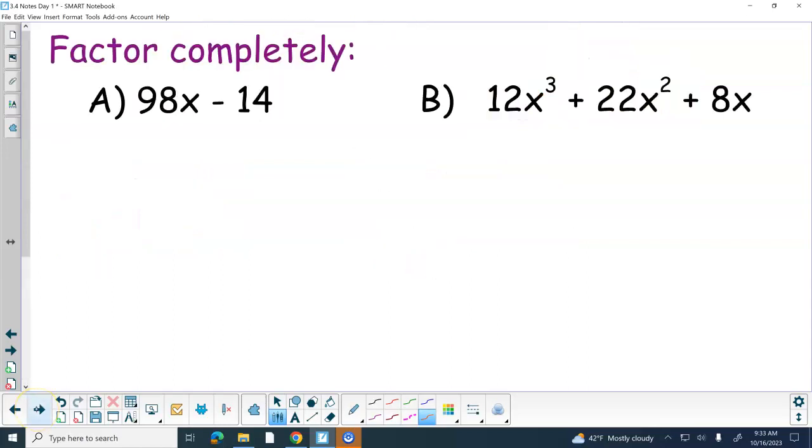When we say factor completely, that means that you have to factor until you cannot factor anymore. So you might have to do a combination of 2 or more of those that we just did: GCF, difference of perfect squares, basic trinomials, and cubics. And you're going to factor until you can't factor anymore.